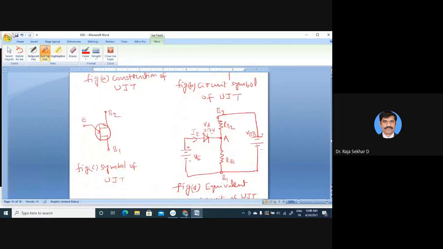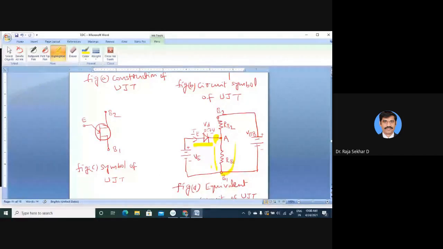So when IE is equal to 0, what happens here? This is open circuited. There is no connection here, so point A is isolated. What is the total resistance from B1 to B2?